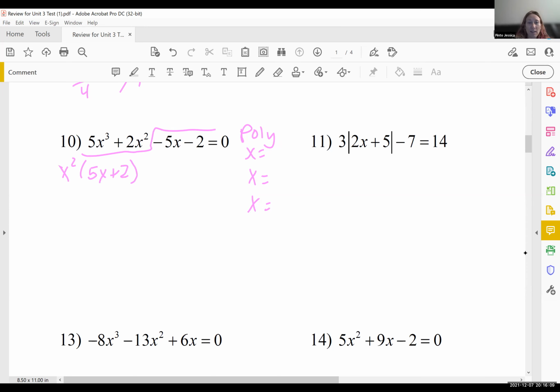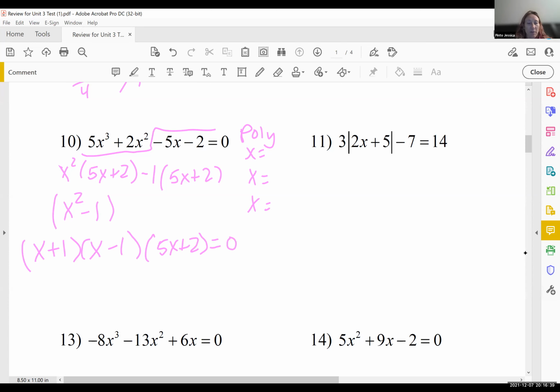And then I see that it leads with a negative, so I take out a negative 1, and I get 5x plus 2 again. So then it's x squared minus 1, which I see that, and as I'm writing it down, I know that factors further. That's that special difference of 2 squares. So that's going to be x plus 1, x minus 1, and still 5x plus 2 is equal to 0.